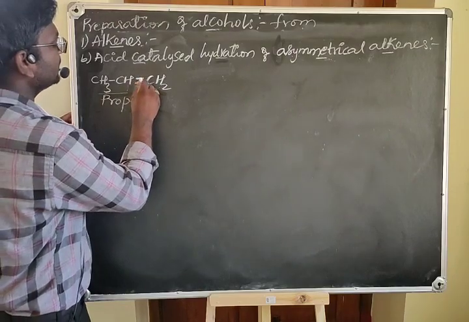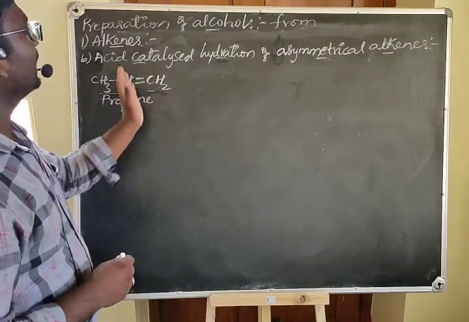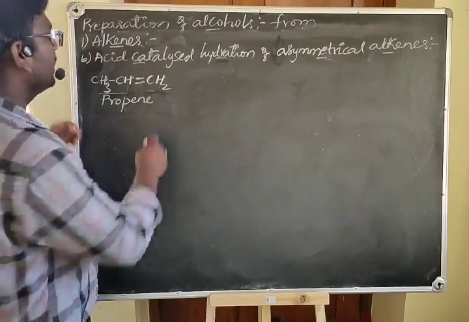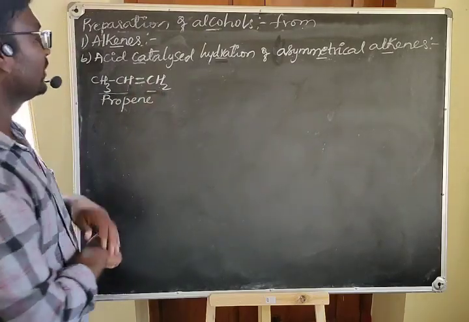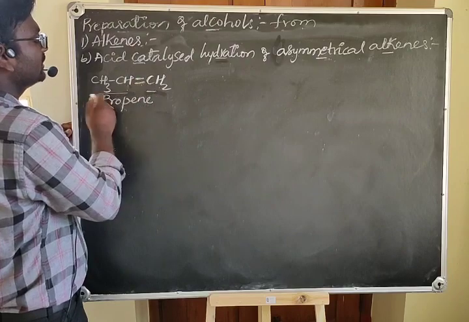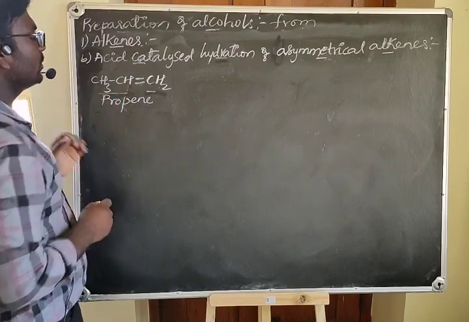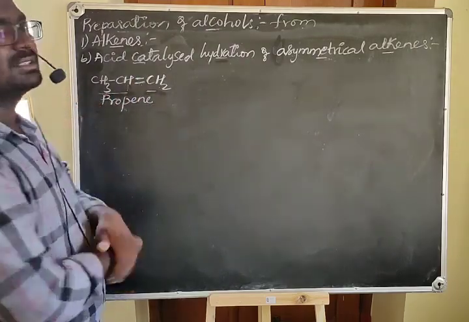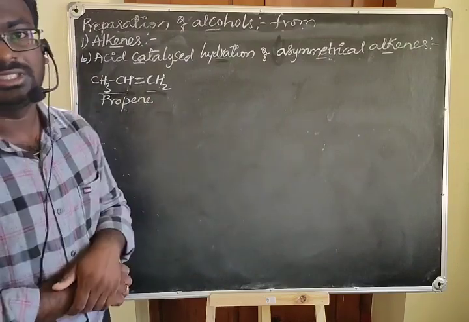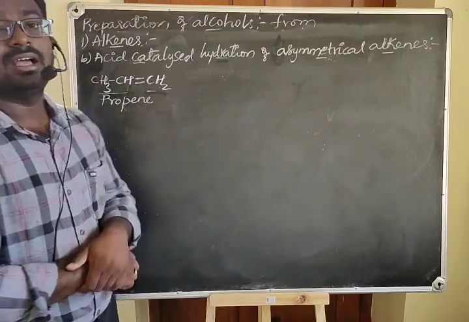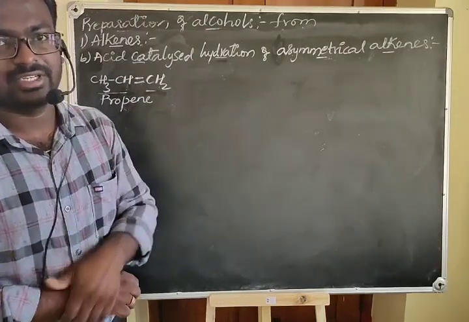Here when you consider this double bond, on the right hand side of this double bond we have one carbon, and on the left hand side of this double bond you have two carbon atoms. This difference in the number of carbon atoms on either side of the double bond results in unsymmetry or asymmetry.